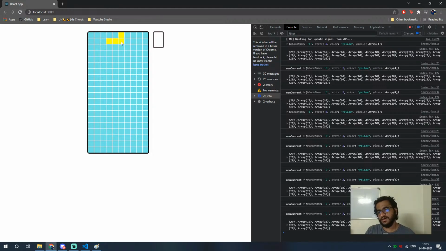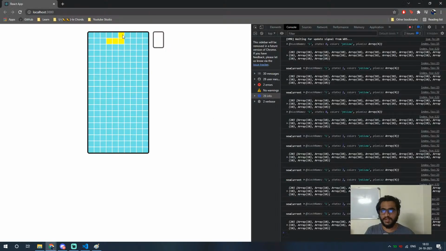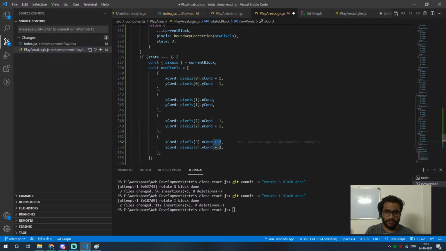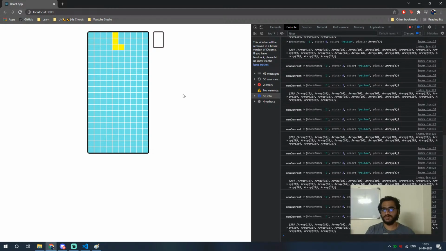Third would be minus 1x plus 1y. And the fourth would be plus 2y and no change in x. I think the whole rotation is done. Yay!